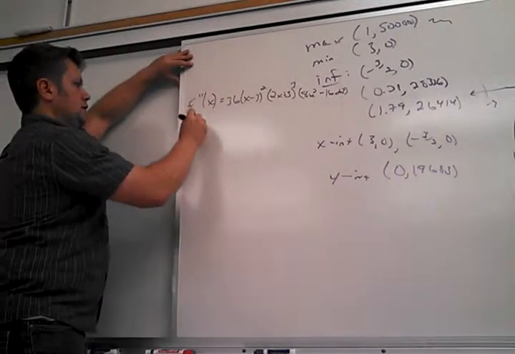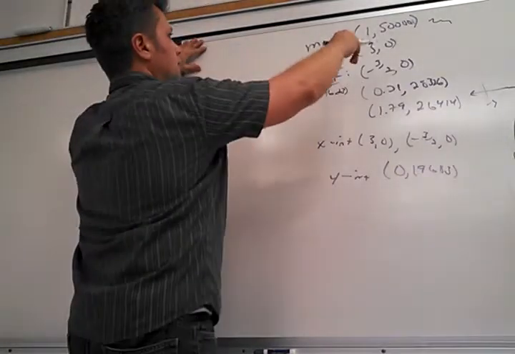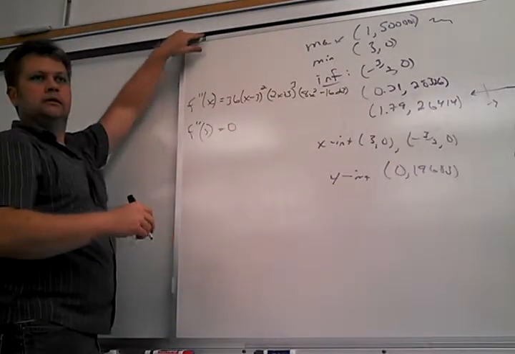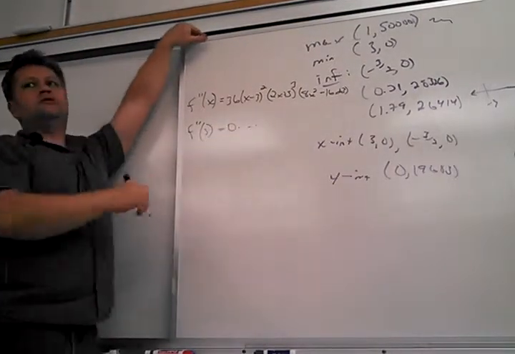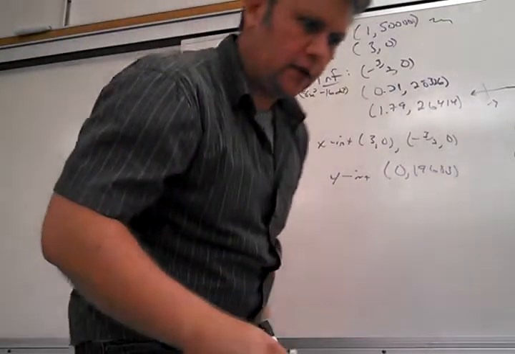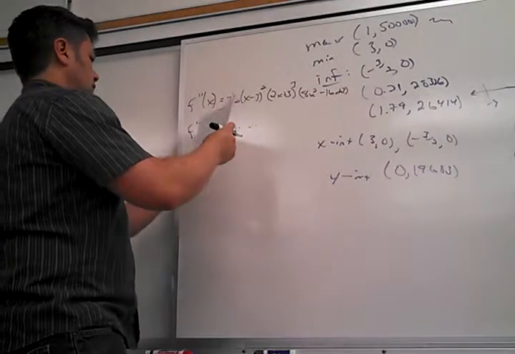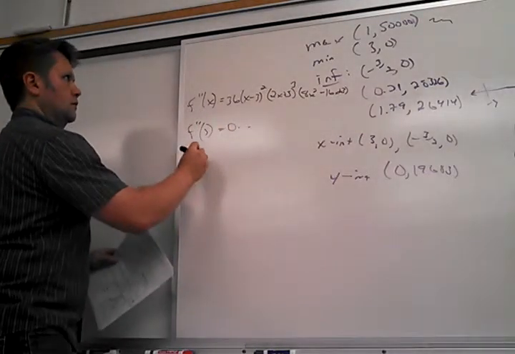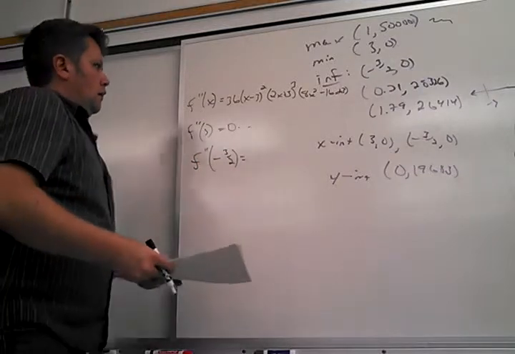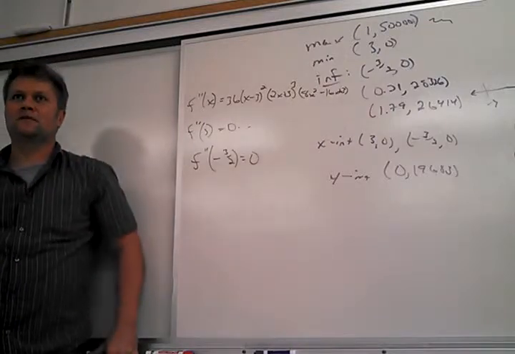So if I investigate, one critical number I got was 3. And of course, when I plug a 3 in, I get 0, and that was the one that's inconclusive. We had to do some other stuff, so I still need a sign diagram for that. But another critical number I got from the first derivative was negative 3 halves. And of course, that one is 0 too. Oh, well, we're just screwed all around.